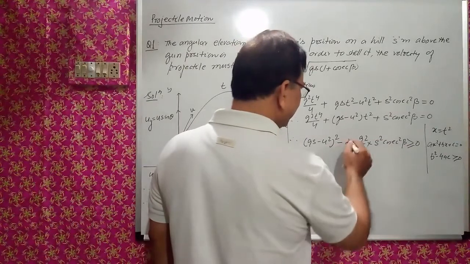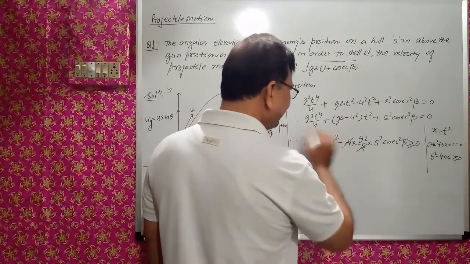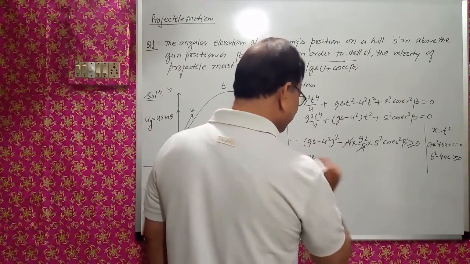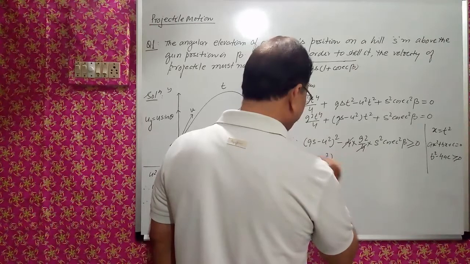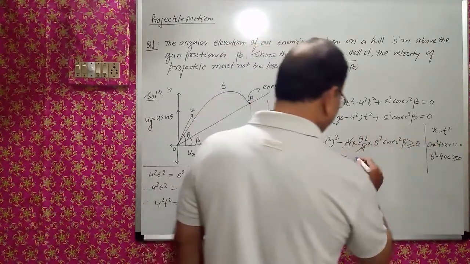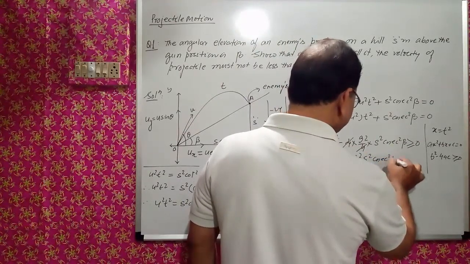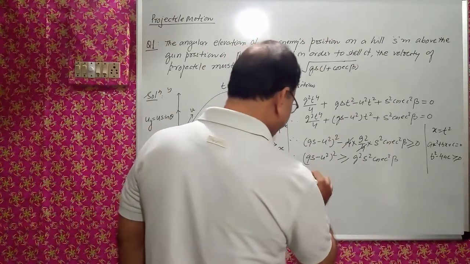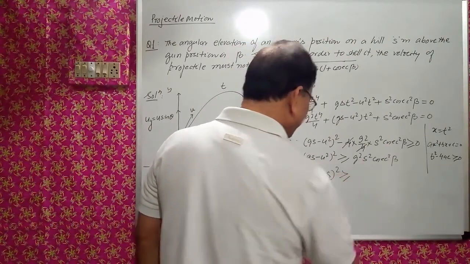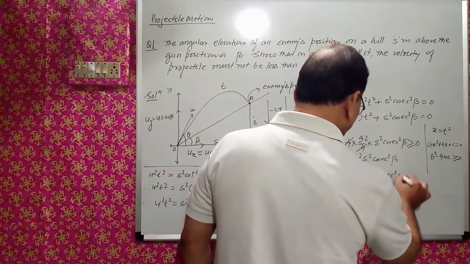Now with this we will see what kind of relation comes. So squaring, we will get gs minus u square whole square is greater than or equal to, transferring this to the right hand side, g square s square cosec square beta, or we can write u square minus gs whole square is greater than or equal to g square s square cosec square beta.